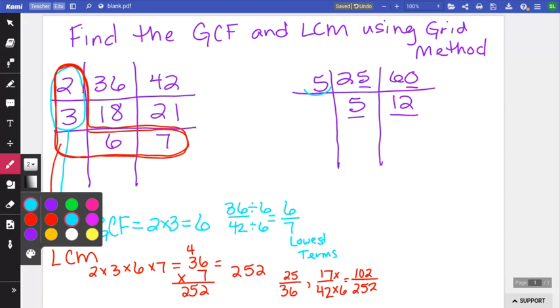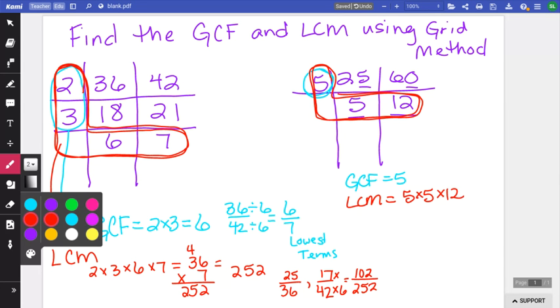So 5 right here is your GCF, and everything else, circling what makes that L, is going to be our LCM. So 5 times 5 times 12. So we end up with 5 times 5, which is 25, times 12.